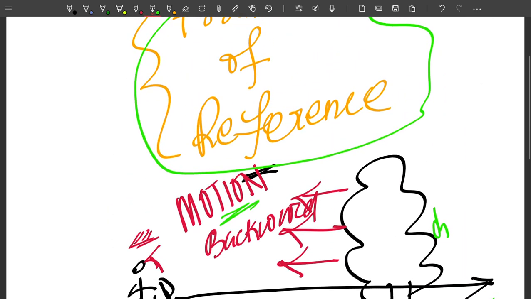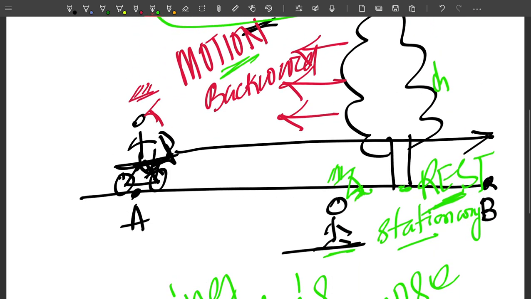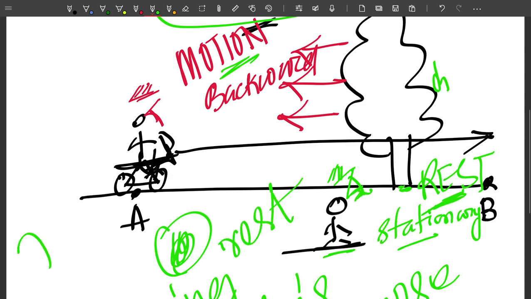For you it may be in motion, but for him it may be at rest. Similarly, this tree, for planet Earth, will be at rest, but for a person on Mars, it would be in motion.